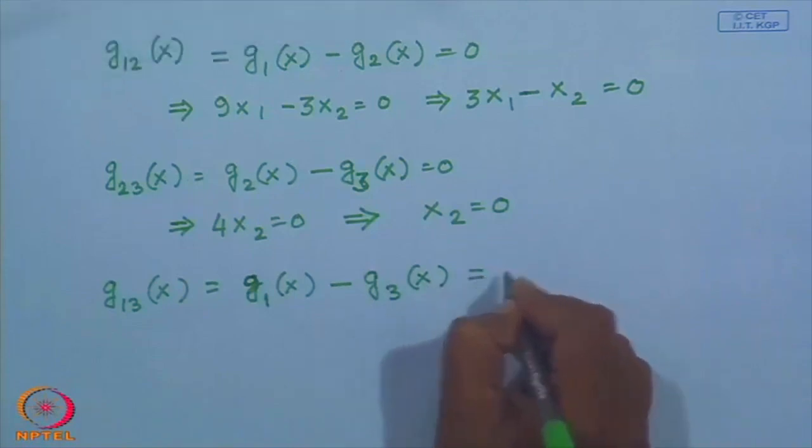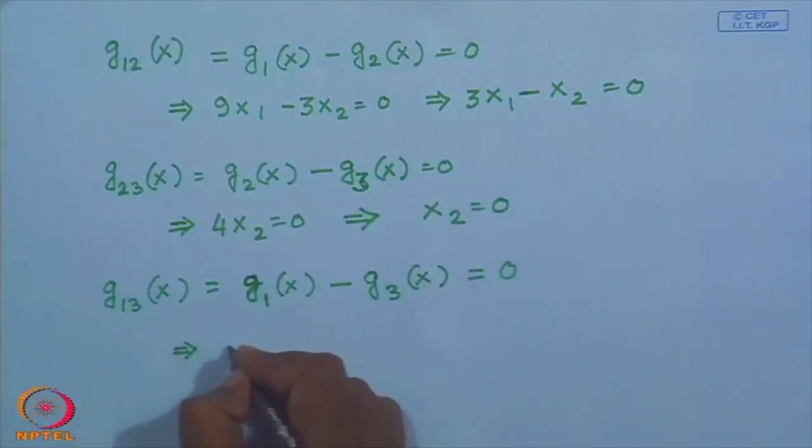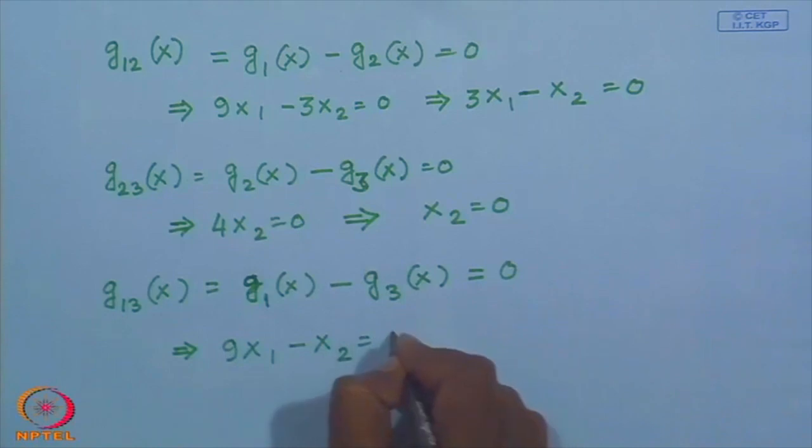I have to equate this to 0, which gives me 9x1 minus x2 equal to 0.